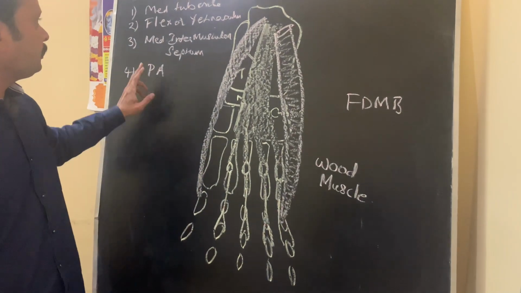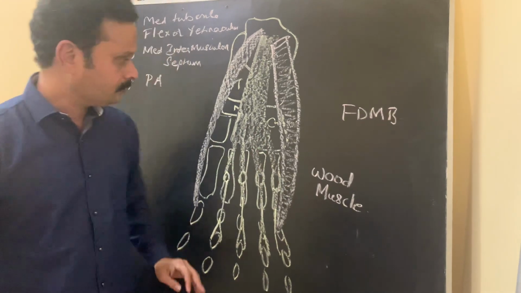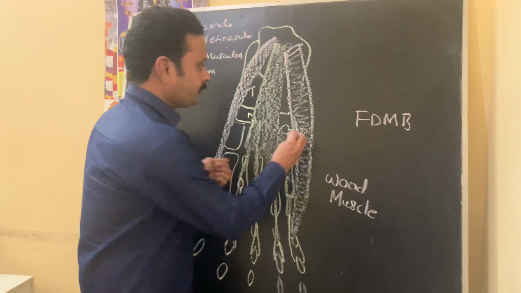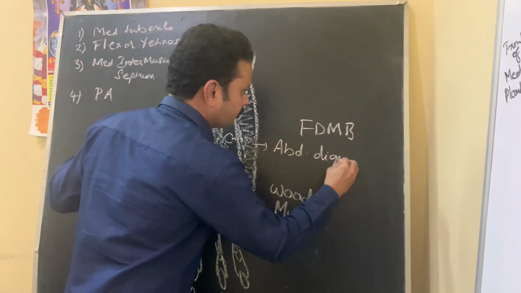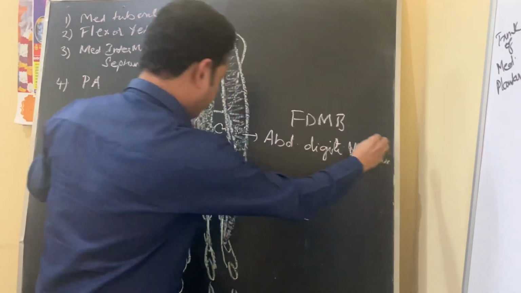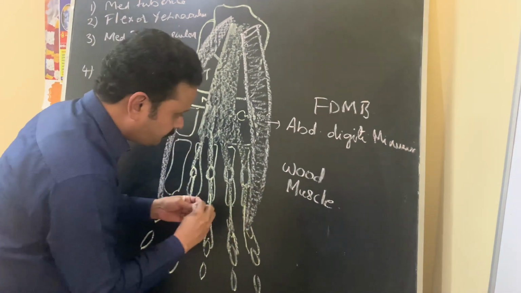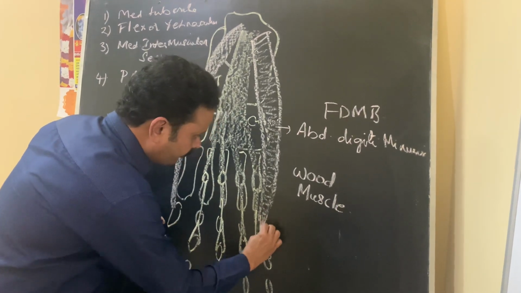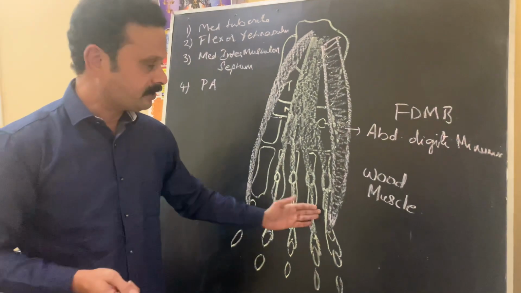This muscle is supplied by the trunk of lateral plantar nerve. Although the name is saying that it is abductor digiti minimi, its insertion is on the lateral aspect of the base of proximal phalanx of little toe.